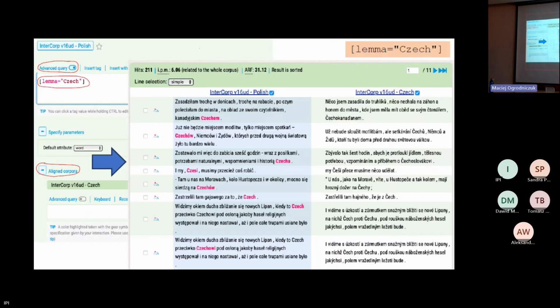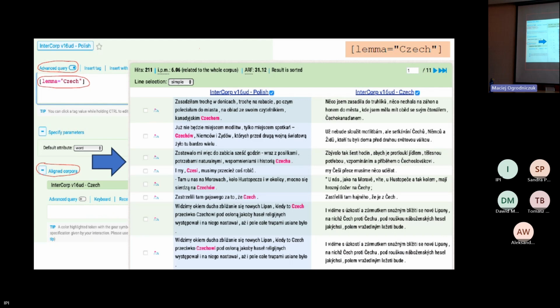So, for example, if you are already in the search interface, there is something like Google search, yeah? So it's a simple query. And if you want to do something more advanced, such as Czech search by lemma, you can type in lemma equals Czech, and you get this.